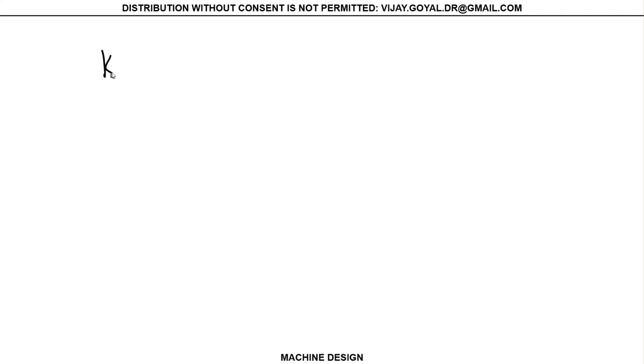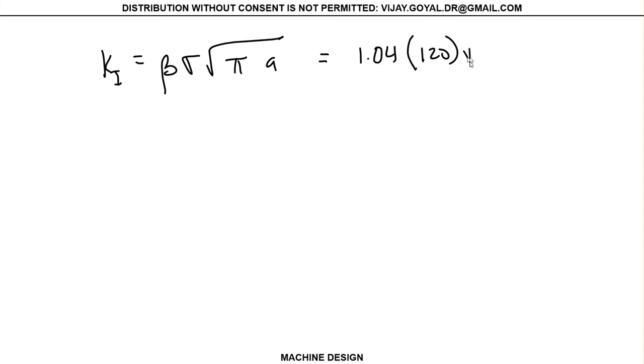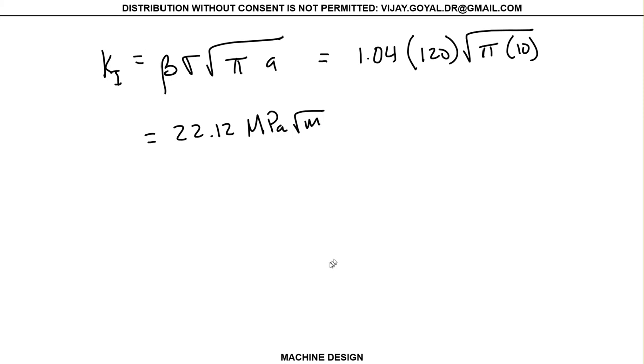Okay. So now that we have that value, I can calculate fracture toughness for this particular problem: KI is equal to beta times sigma times the square root of pi times A. That would give you 1.04 multiplied by 120 times the square root of pi times 10. And that gives you 22.12 megapascals square root of meters.